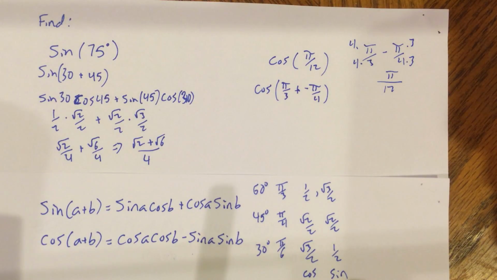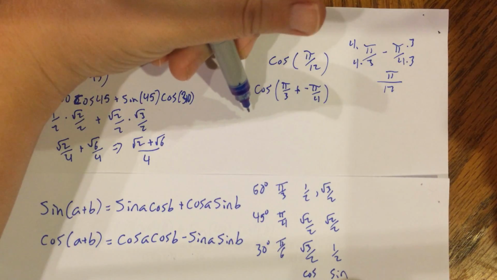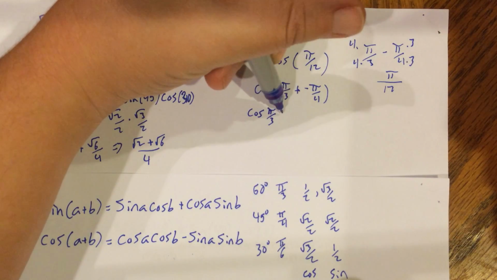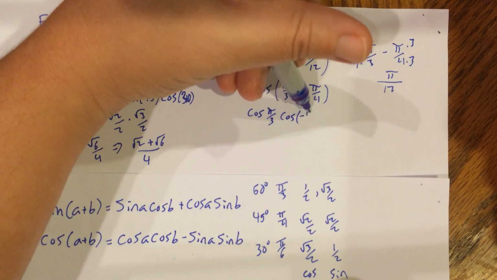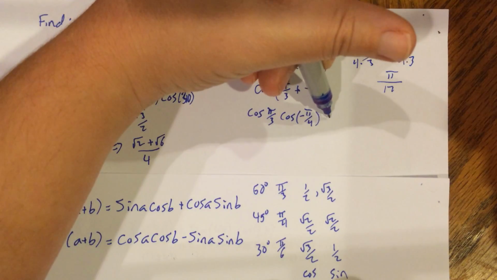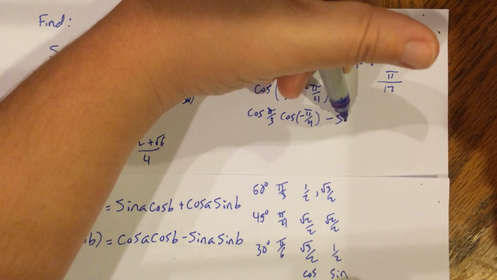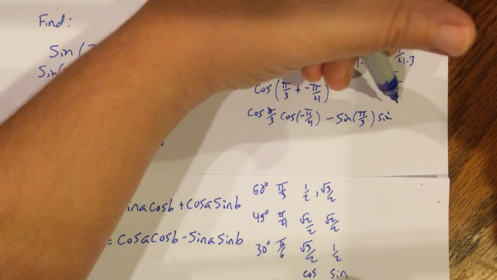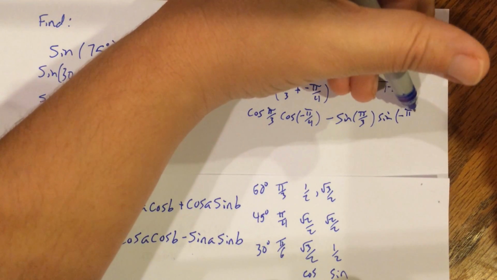So that way I get to a positive pi over 12. Okay, so my cosine, it's cosine of both of them. Pi over 3, cos of negative pi over 4, minus sine of both of them. Sine of pi over 3, sine of negative pi over 4.